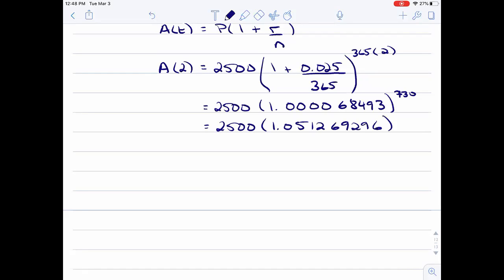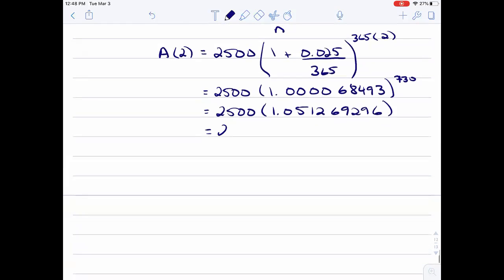1.0512699296. And it's so important that you don't do any rounding here, because we are talking about money. Especially if you're working with someone else's money, they don't like it when you're rounding too fast. You want to keep all your decimal places. And then we can multiply by 2,500 to land on 2,628.173241.